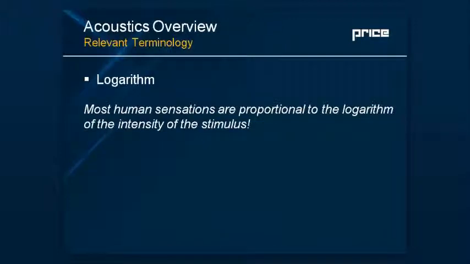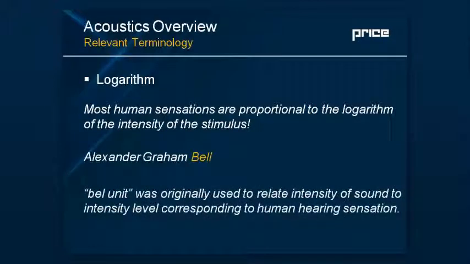And then again, how we hear, when we deal with sound, we're talking about logarithm, addition, subtraction. So humans hear things logarithmically, and this was started by Alexander Graham Bell. This is more useful maybe for trivia night, but I thought it was kind of interesting. So the Bell unit was originally used to relate intensity as it relates to human hearing.